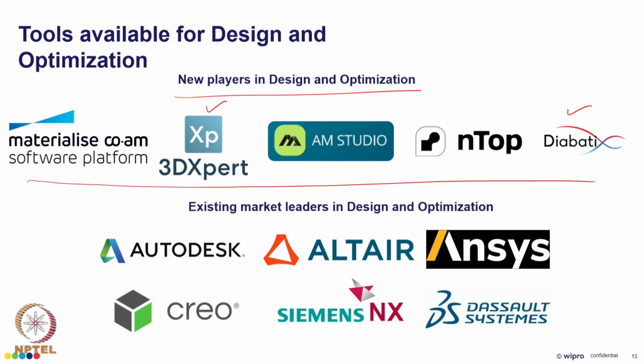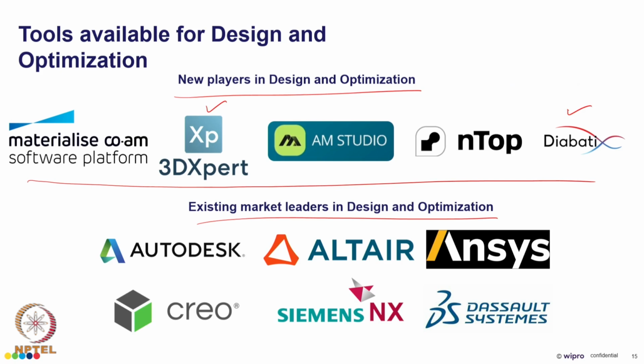In the second group we have the established market leaders in the design and optimization space. These solutions allow for all types of design modification and optimization. Additionally, many of these established players are now expanding their presence within the broader additive manufacturing ecosystem.